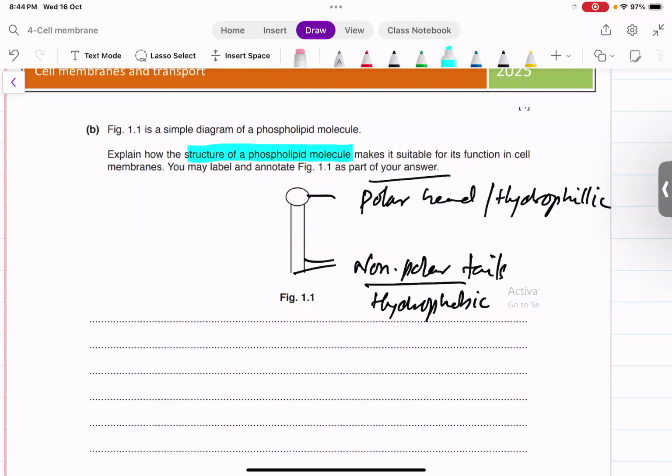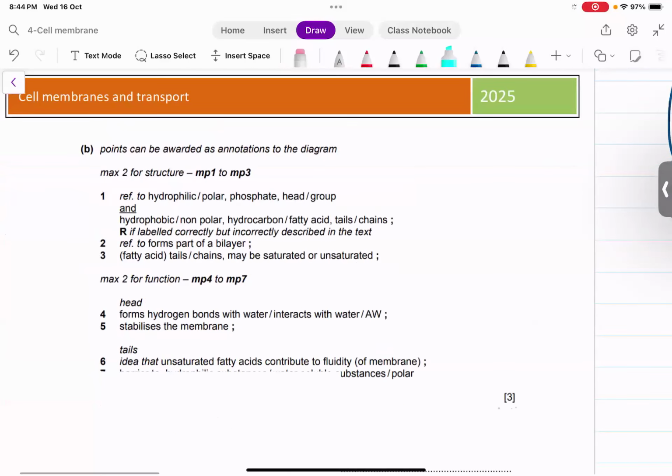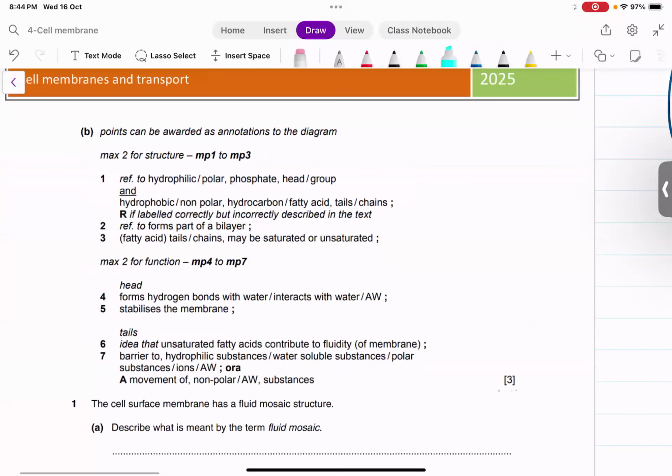So what are the functions of the cell membrane? It is partially permeable membrane, and it is stabilized in the aqueous medium on outside and on inside. And these are the 2 things that we should mention in our answer. I'm not writing the answer here right now. So let's see if you can understand these points.